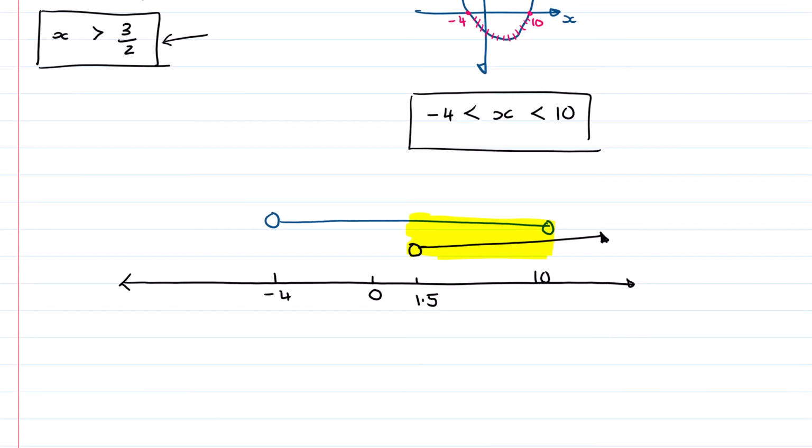So that section is x is bigger than 1.5 and smaller than 10. That is the section for the overlap. That's the section that overlaps, and these are the values of x that work, that satisfy both inequalities. And that's quadratic inequalities.